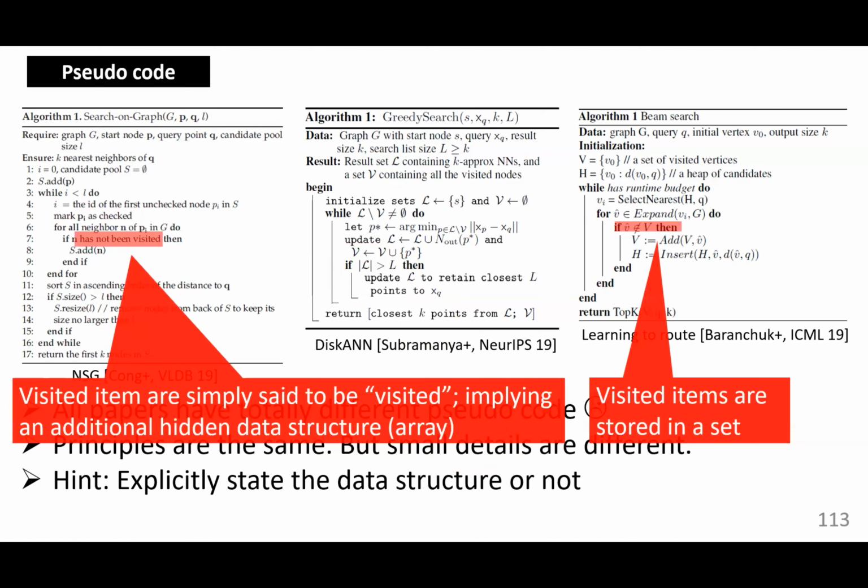And the third one, visited item is simply said to be visited here, implying that we need an additional hidden data structure. It's actually an array here. But in the third paper, this visited process is represented by a set.